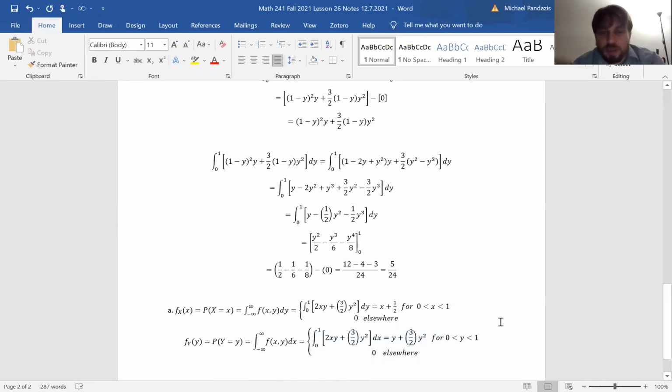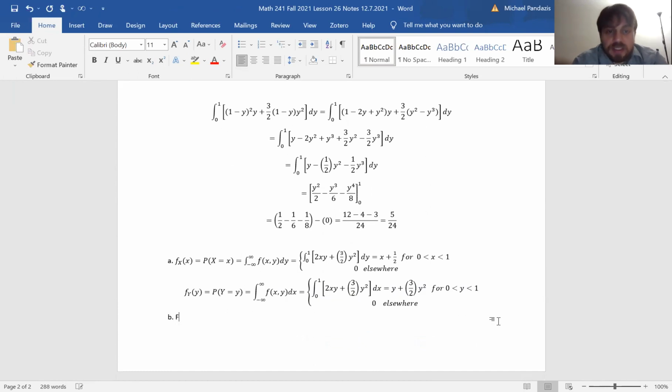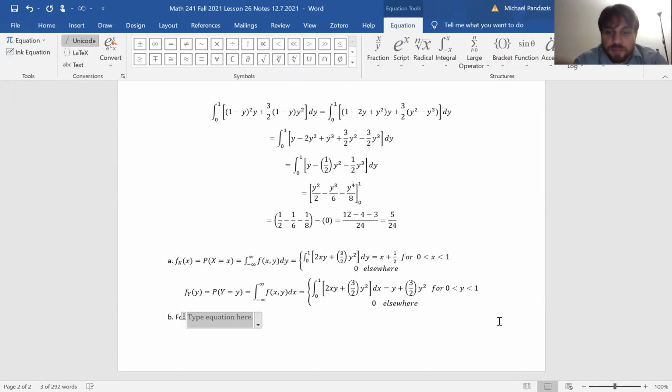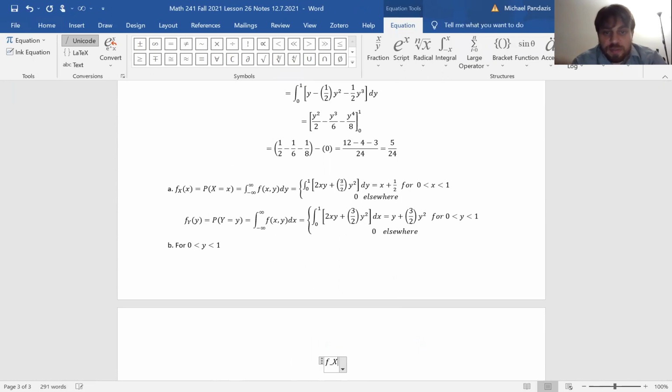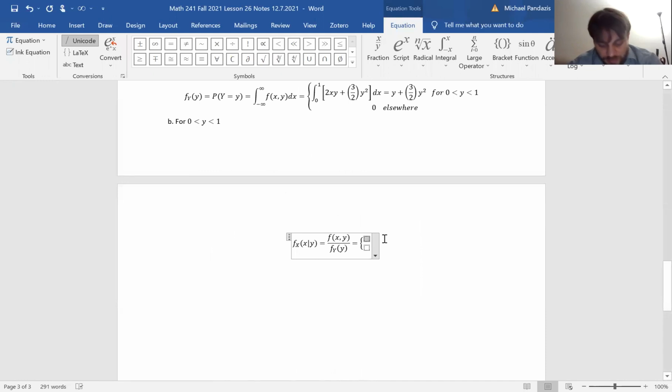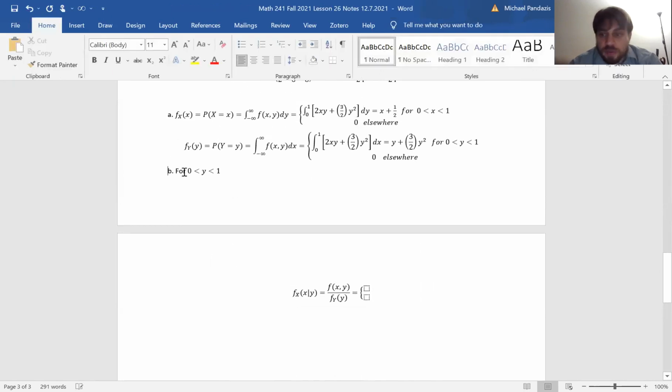Okay, so for part B, let's say for 0 less than y less than 1, let's look at f sub X given Y. This is equal to the joint PDF of x and y over f sub Y of y, which is equal to, okay, so again, you're fixing a y between 0 and 1.